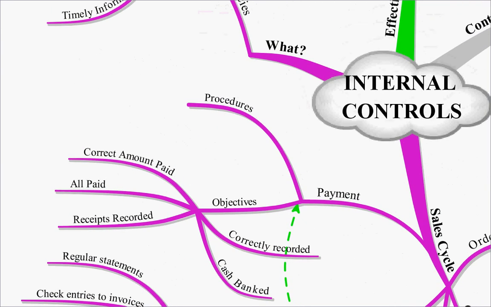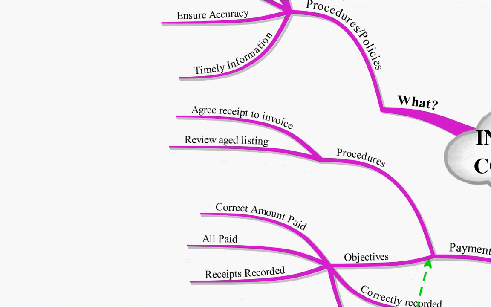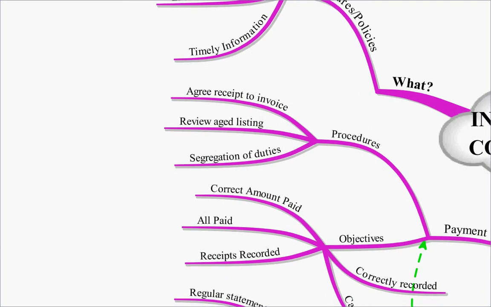And in order to ensure that, we're going to have several procedures. We're going to agree our receipts to an invoice, match them up. We're going to review our aged listings to make sure that everything agrees. And we're going to have that segregation of duties so that the person responsible for the invoicing isn't also responsible for the banking of cash, because there's a potential control risk there.